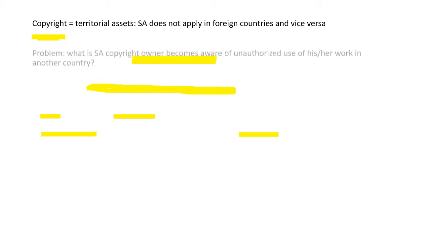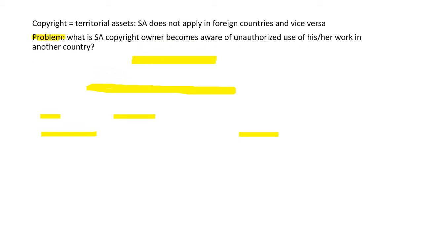So what then happens when a South African copyright owner becomes aware of the unauthorized use of his or her work in another country? Or a foreign author finds that in South Africa, his or her work is being used in an unauthorized manner.